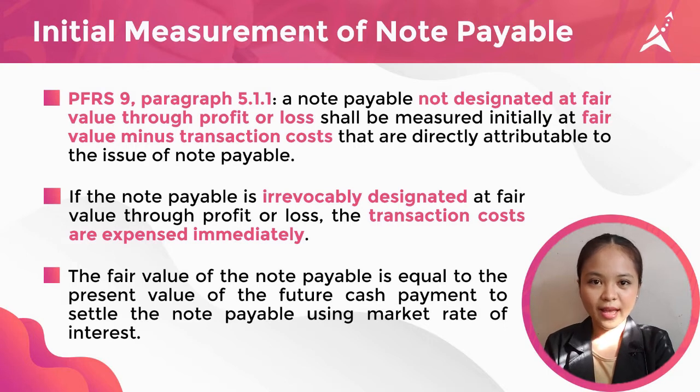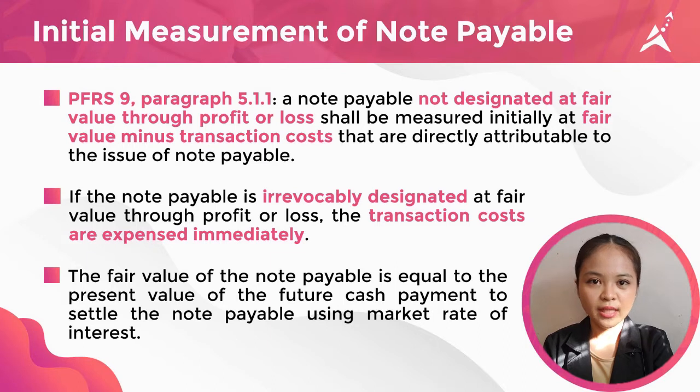This indicates that transaction costs are included in the measurement of note payable. However, the transaction costs are expensed immediately if the note payable is irrevocably designated at fair value through profit or loss. The fair value of the note payable is equal to the present value of the future cash payment to settle the note payable using the market rate of interest.